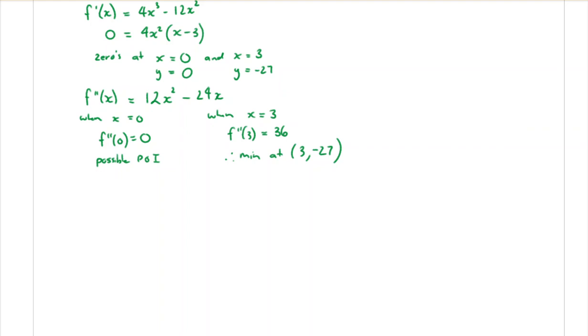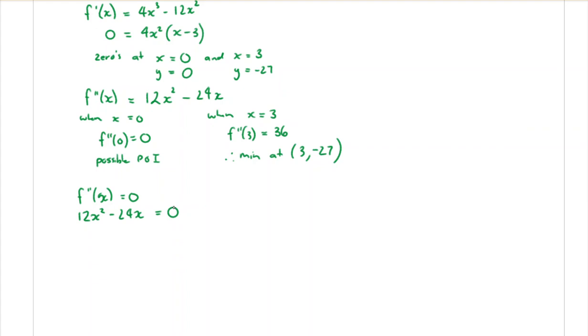Make the second derivative equal to 0. So f double dash of x is going to be equal to 0. My second derivative was up here. That means 12x squared minus 24x is equal to 0, and I want to solve that to find x.